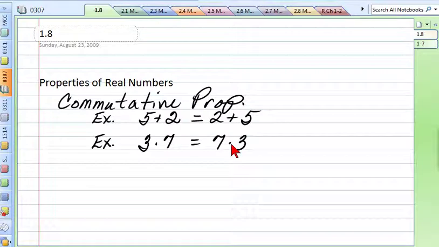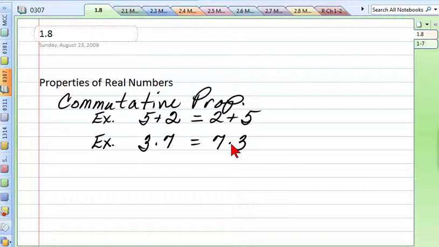You probably became aware of this in elementary school. When you learned your multiplication facts, the 3s and then the 7s, you didn't have to learn 7 times 1, 7 times 2 or 7 times 3 because you already knew those. The commutative property says it doesn't matter about the position.